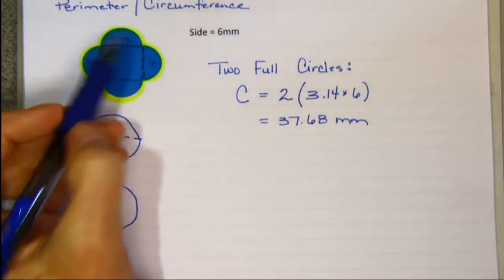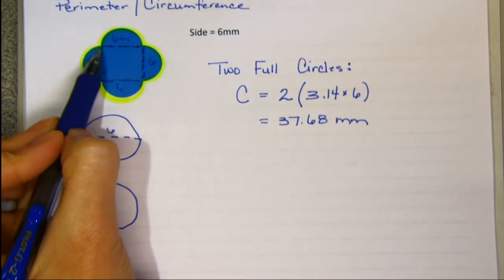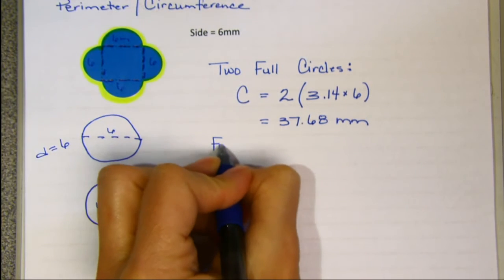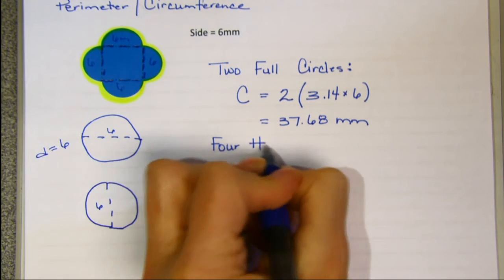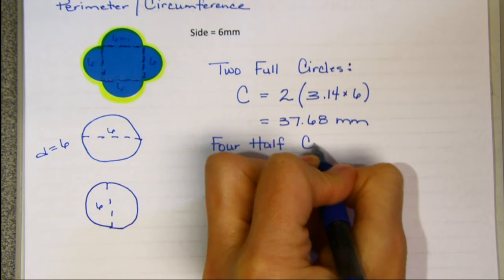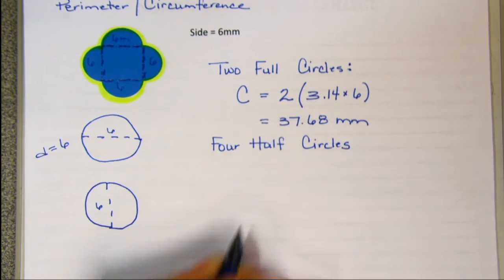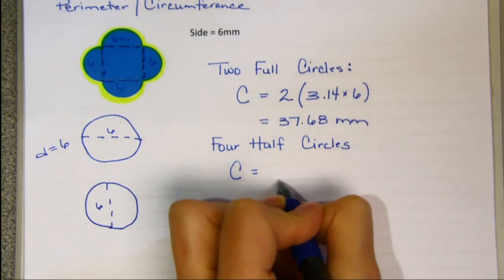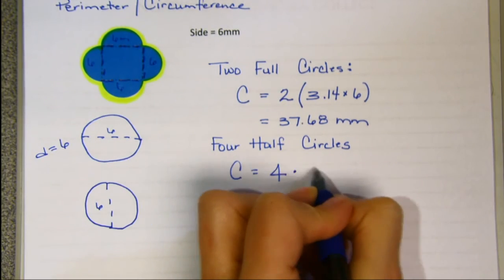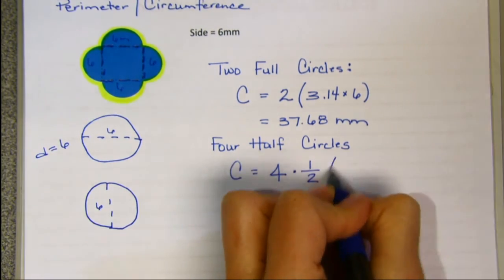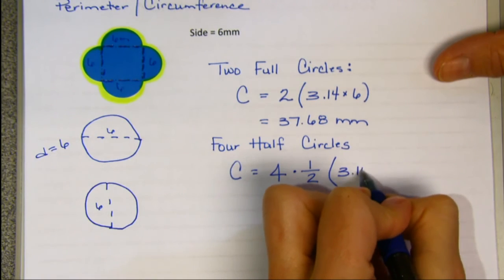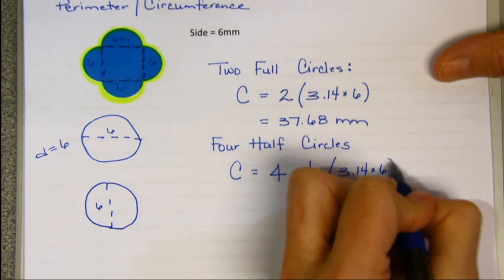What if somebody would have looked at this and said, hey, I have 1, 2, 3, 4 half circles. All right, so my circumference or perimeter will be 4 half circles. And of course the circle is pi times diameter.